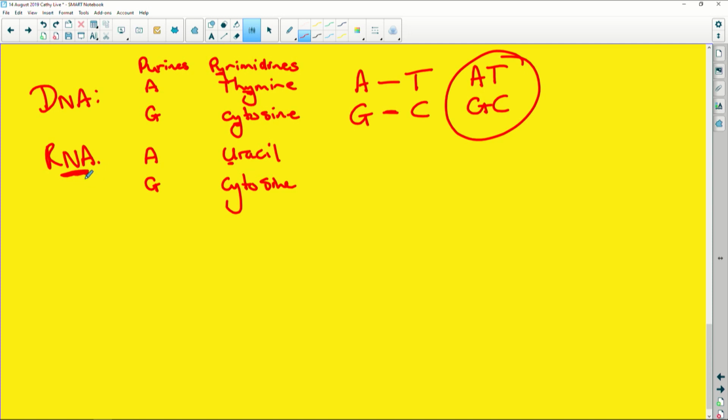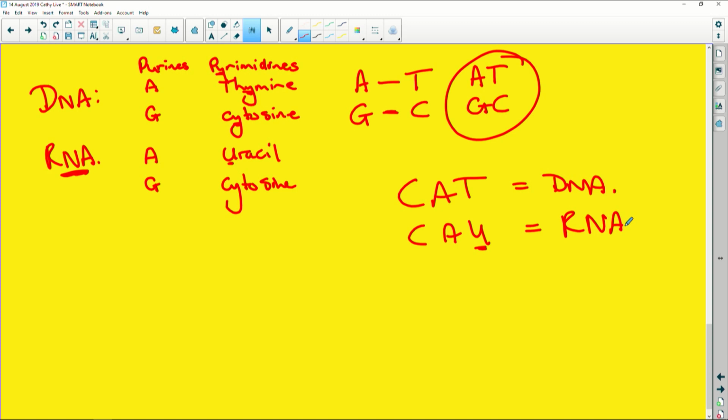If it says CAT, we know that it's DNA. If it says CAU, it is going to be an RNA molecule, whether it's transfer, messenger, or ribosomal RNA. If it's got the U, then it's an RNA. Okay, so people, if you remember that, you cannot go wrong.